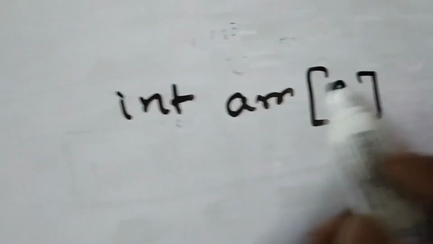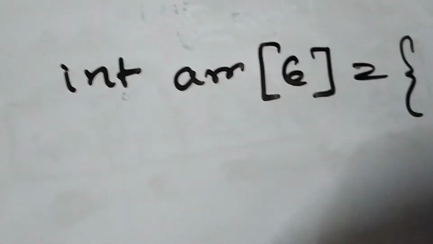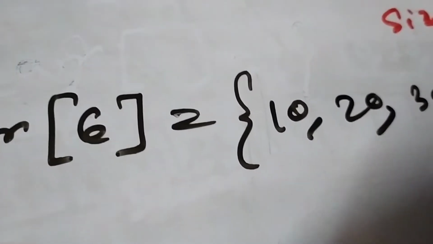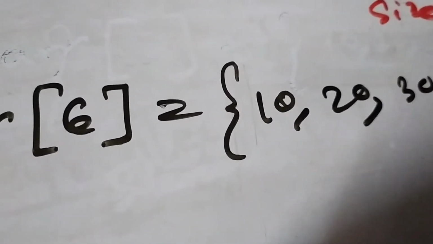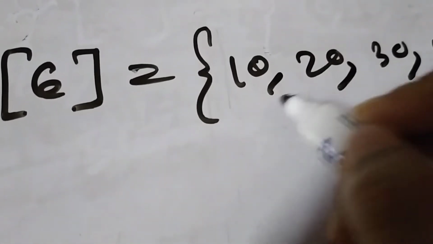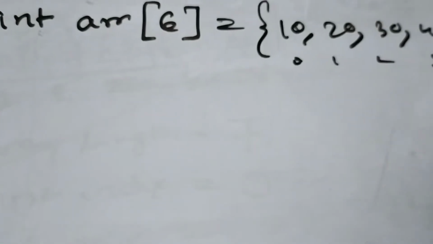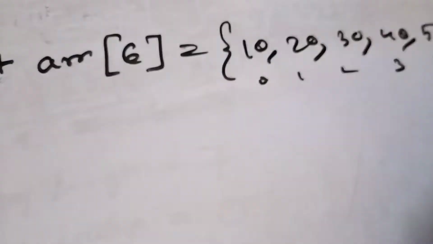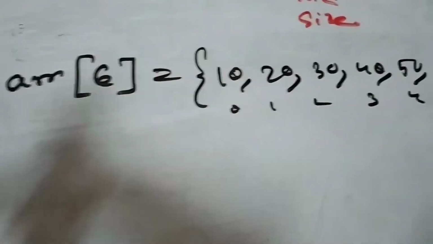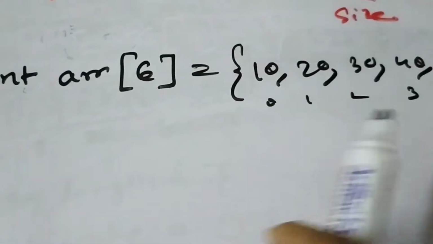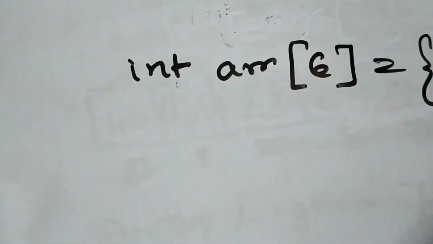Now I am specifying size 6, that means it has 6 elements, and I am also declaring the elements, 40 and so on. In this way we will do it.